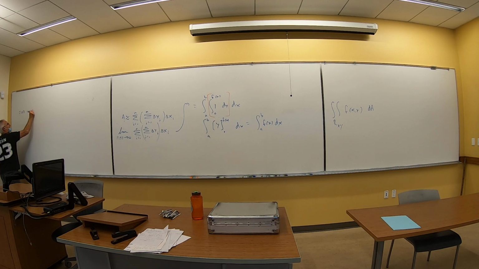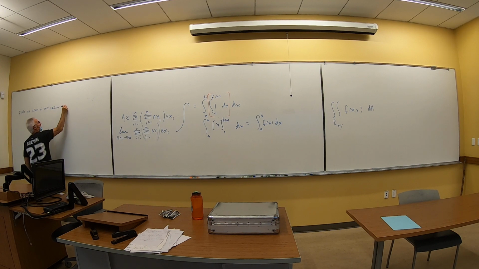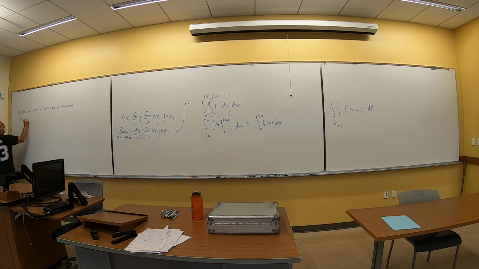Find the area of the region bounded by x equals y squared and y equals x minus 2.